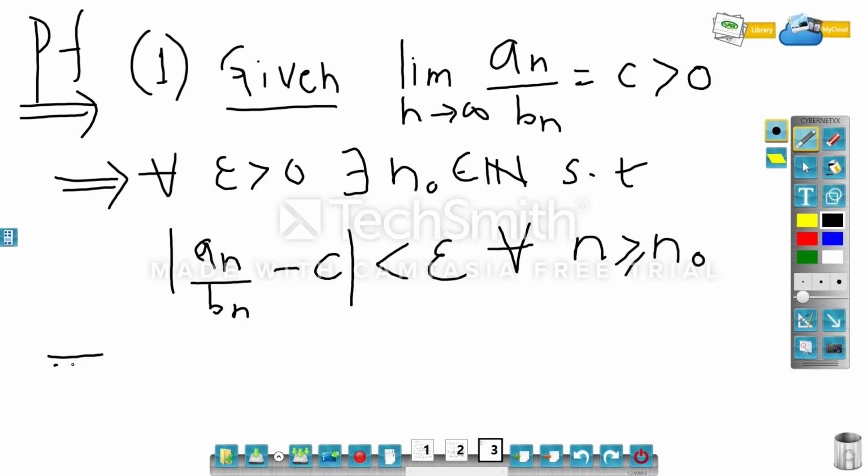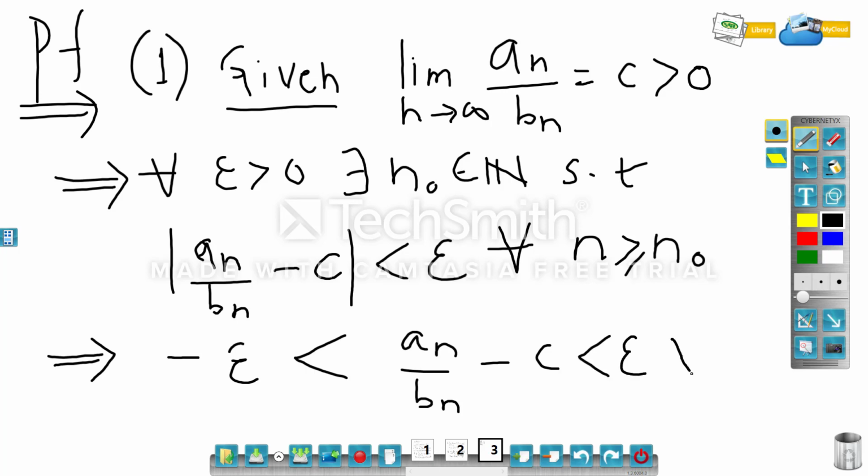So this modulus has a nice property. If the mod is less than epsilon, then that number must lie between minus epsilon and plus epsilon. So an upon bn minus c lies between minus epsilon and plus epsilon. That is, minus epsilon is less than an upon bn minus c, which is less than plus epsilon, for all n greater than or equal to n naught.